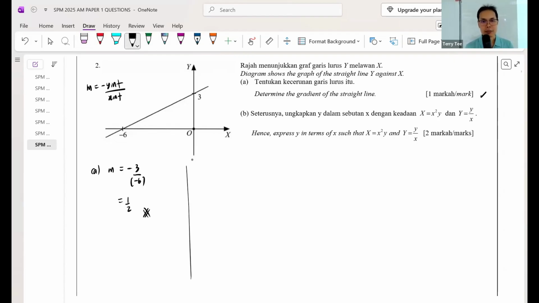It's very simple. But part B, in order for you to express y in terms of x, you need to identify your y-intercept. My y-intercept is 3. So I'm going to write big Y equals 1 over 2, big X plus 3.